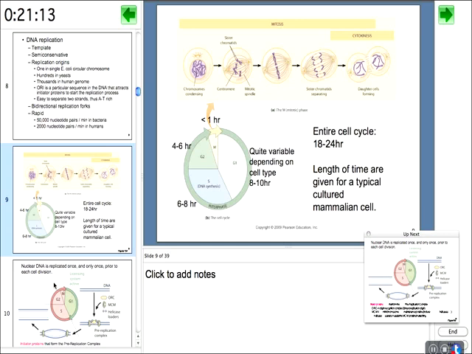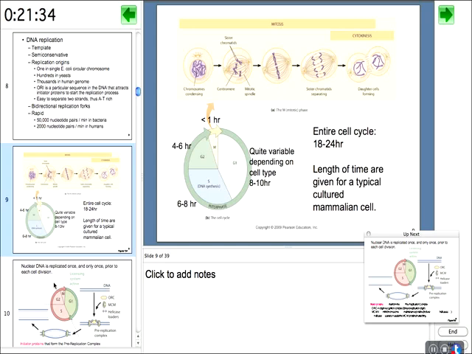Now, it turns out that this entire cell cycle takes an average of 18 to 24 hours in a eukaryotic cell, but the length of time for any one cycle can be different. So we average them all out. But the length of time for a given cell is different depending on the kind of cell that it is.